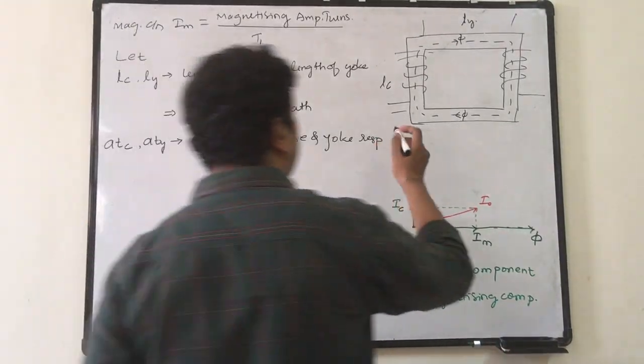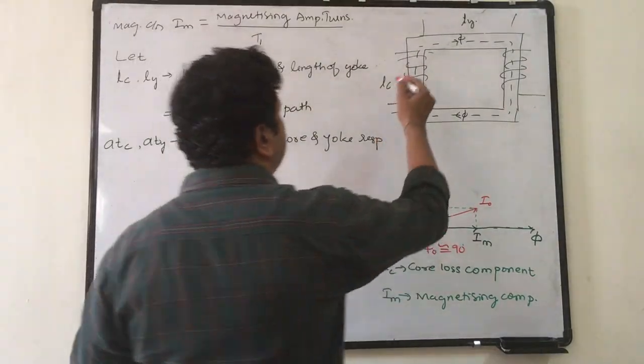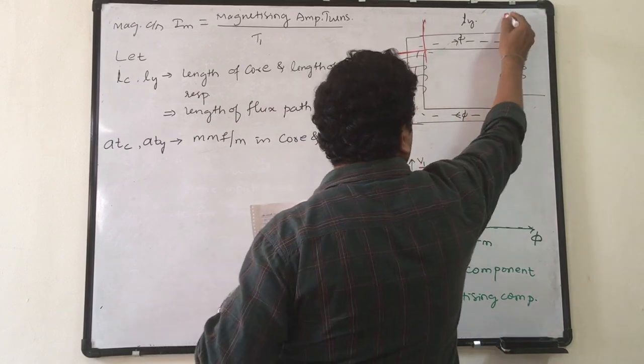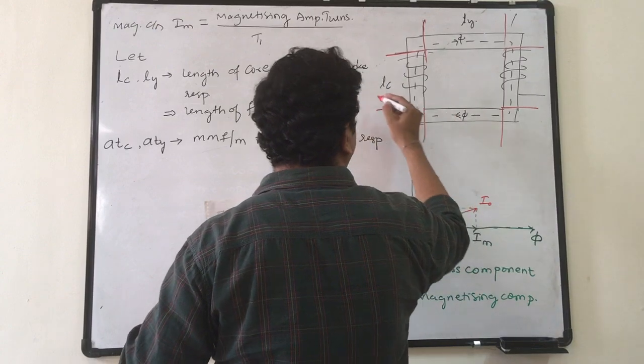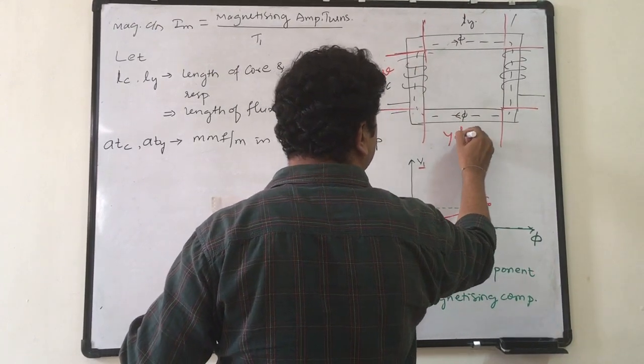So the mmf required here, core means this part, and yoke means this part. So this is core and this is yoke.